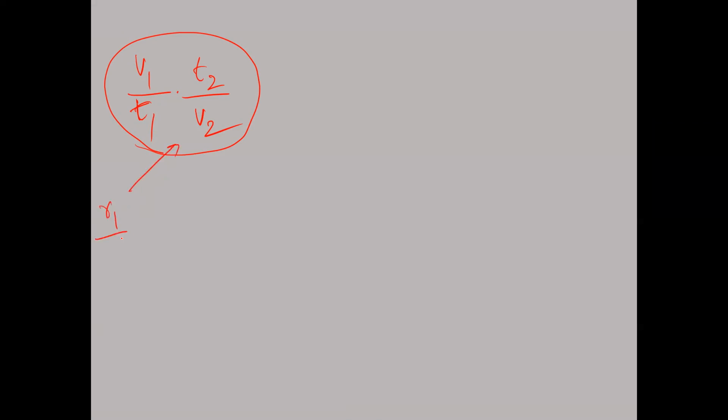Now tell me, in place of R1, what can we write? In place of R1 by R2, we write V1 by T1 into T2 by V2, right? So R1 by R2 means V1 by T1 into T2 by V2 is equal to P1 by P2 into square root of T1 M2 divided by T2 M1.